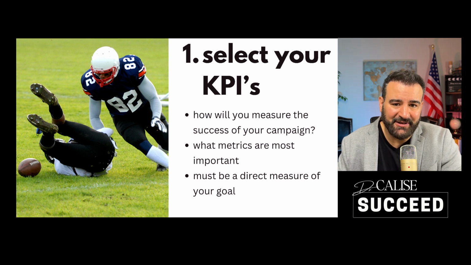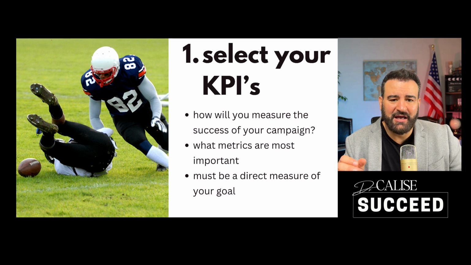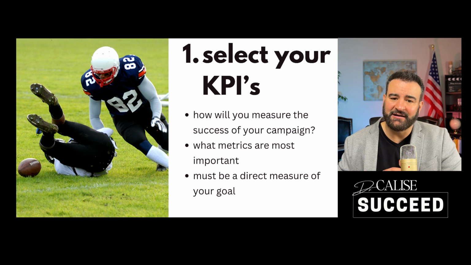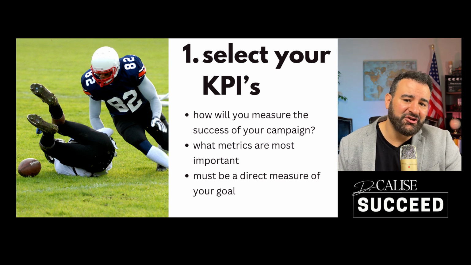You should be doing a sales campaign. And you need to be mindful of that right off the bat. All right? So the type of KPIs that you use should be a direct measure of what your goal is. They should be perfectly aligned. If they're not aligned, then you need to adjust your campaign before you launch it.